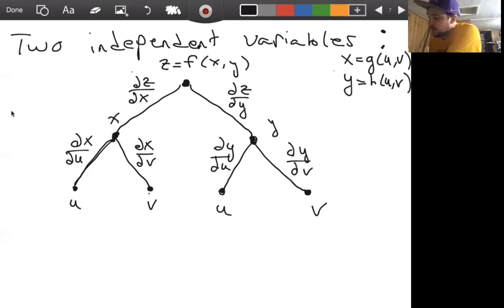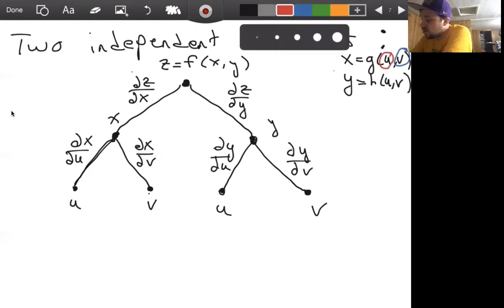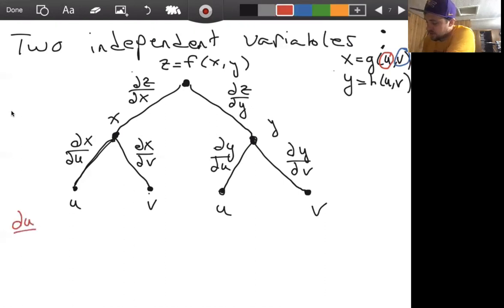And how do we come up with our formulas for the multivariable chain rule? Well, notice there are two independent variables now. And so that means there are going to be two expressions. We're going to have partial u, excuse me.